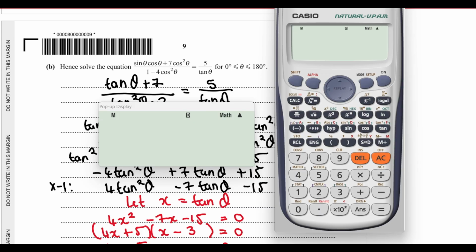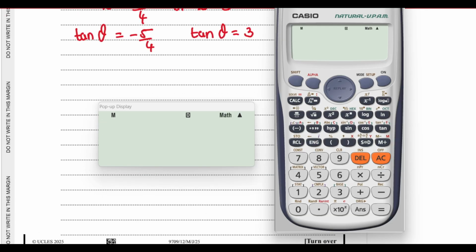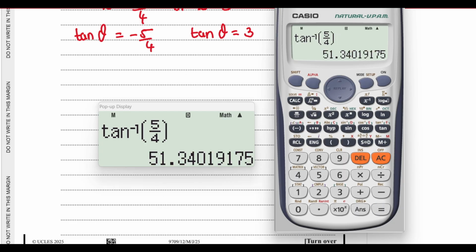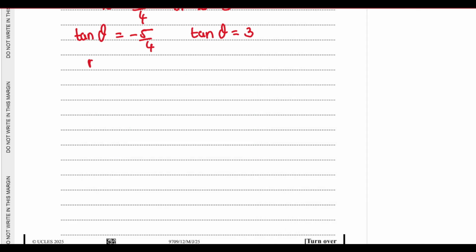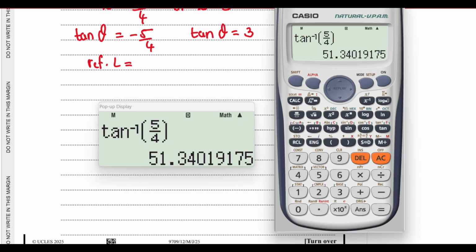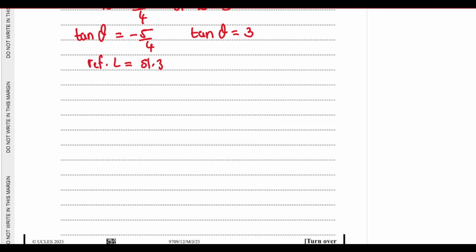Okay, now let me do the first equation. Shift tan, and we'll have tan inverse 5 over 4. I don't enter the negative. I get what I call a reference angle, which is 51.3 degrees.